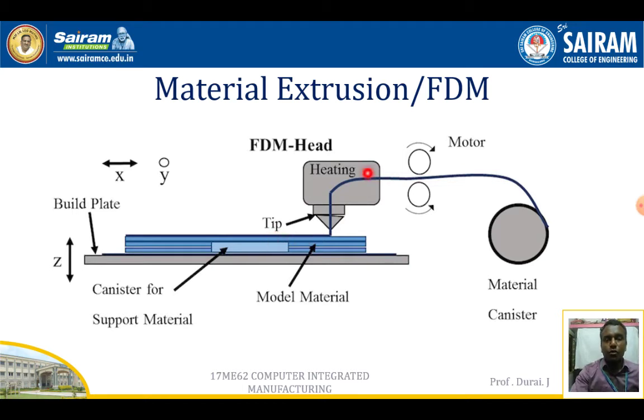The nozzle moves horizontally in the x and y directions, and the build platform moves in the z direction according to the layer thickness. This process is also known as the fused deposition modeling process.